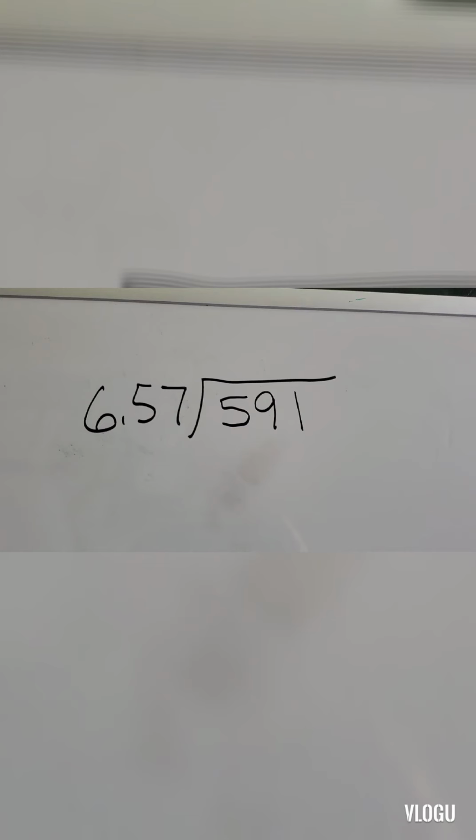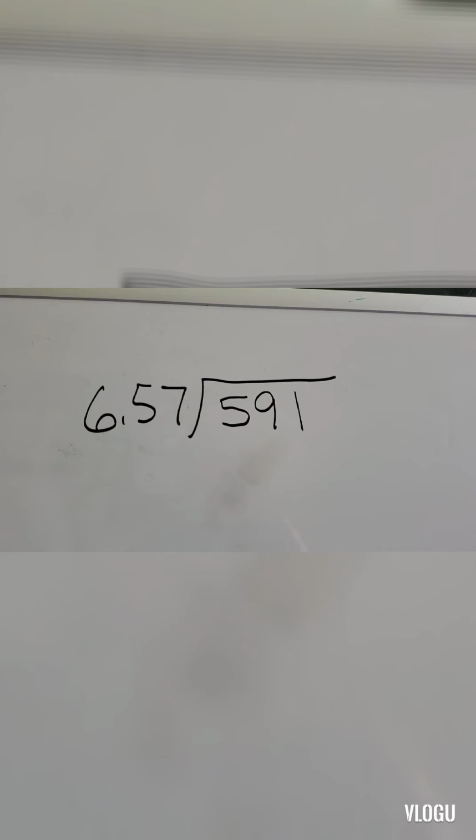Well, 7 times 9 is 63. 9 is too big. 8. That's 56. That would be okay. So we have another guess of 8. Doesn't mean it's right, but it means that it's a good guess.